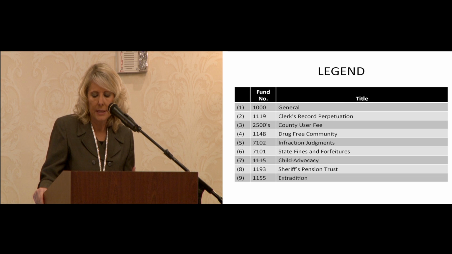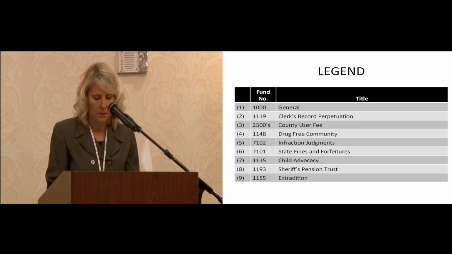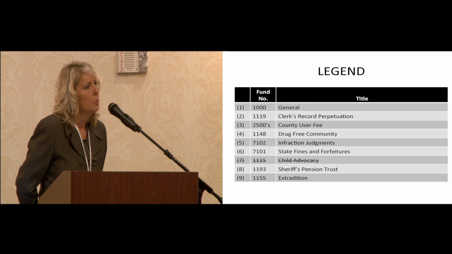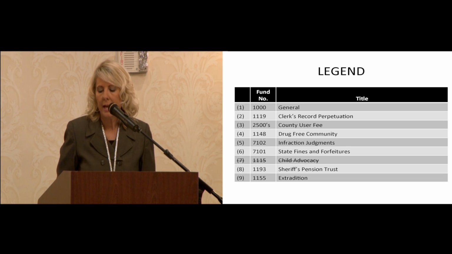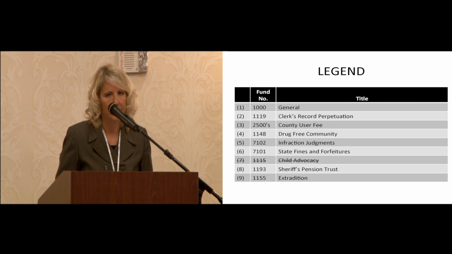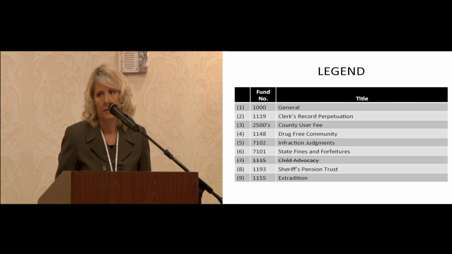You'll also notice that number 7 is crossed out, and we didn't reference that on the front page anywhere, and that's the Child Advocacy Fund. Prior to this July 1st, half of the child abuse prevention fee went into the Child Advocacy Fund, and half went to the state.